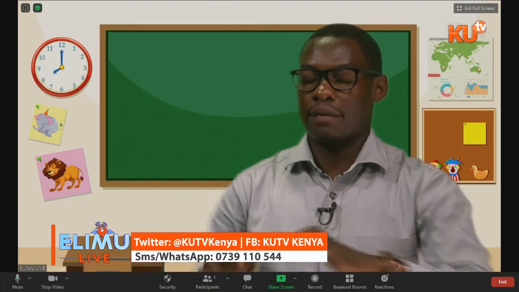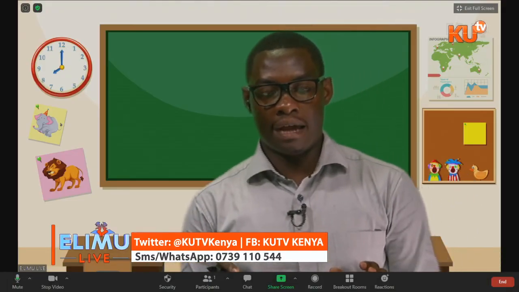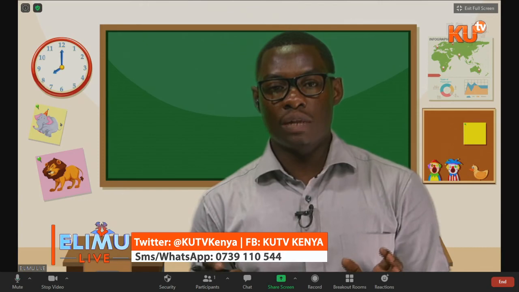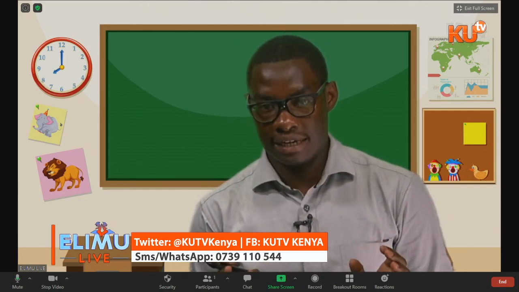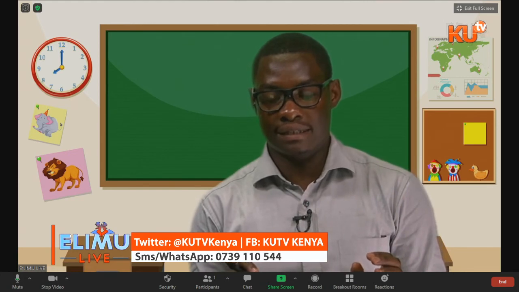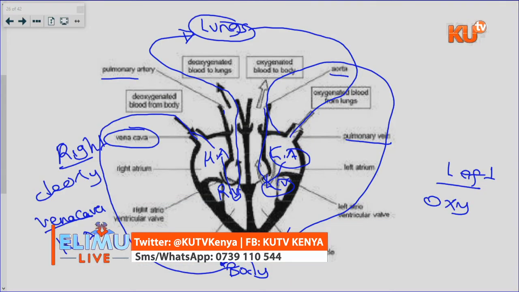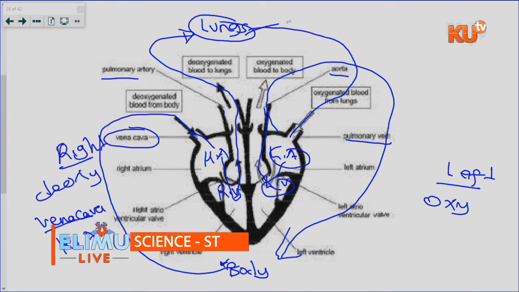Don't cram. The other question you can be asked, a person inhaled poisonous gases. It is not being bitten by a snake now. It is inhaling poisonous gases. Which blood vessel received poison first? Remember, inhaling, that is exchange of gases, and exchange of gases takes place here in the lungs.